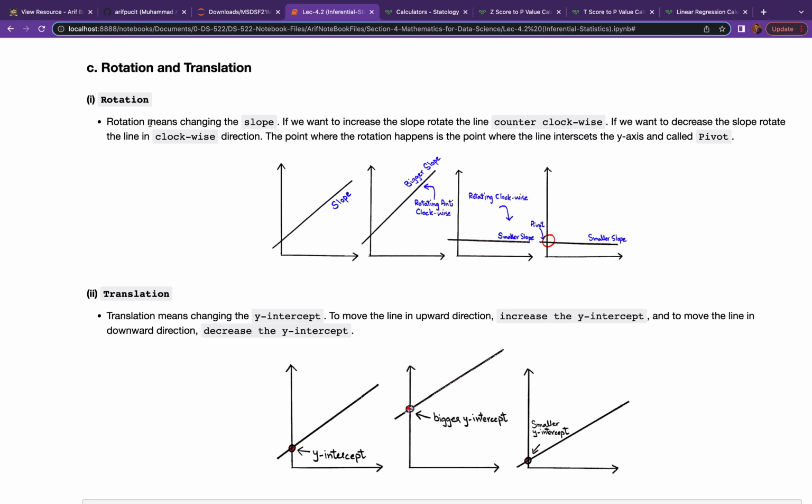So this is known as rotation. The translation, on the other hand, means changing the y-intercept. Suppose this is the y-intercept, we have increased the y-intercept, the line has moved up, and over here we have decreased the y-intercept and the line has moved down. So this is the concept of rotation and translation.